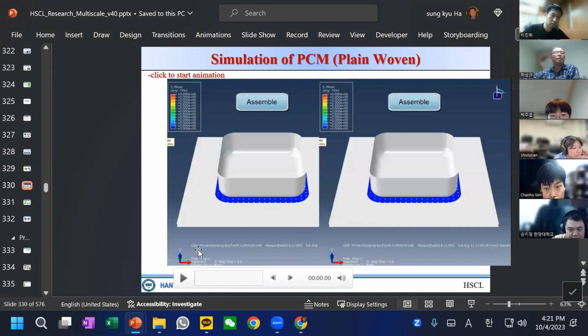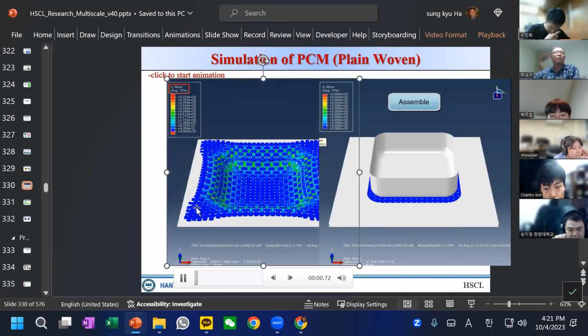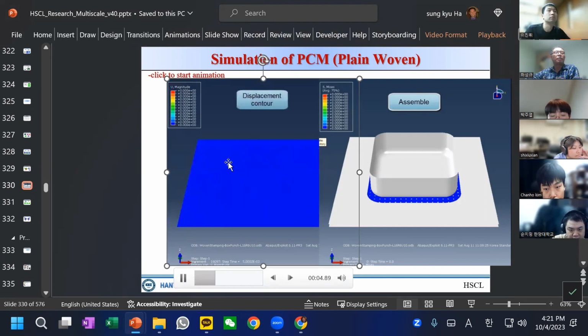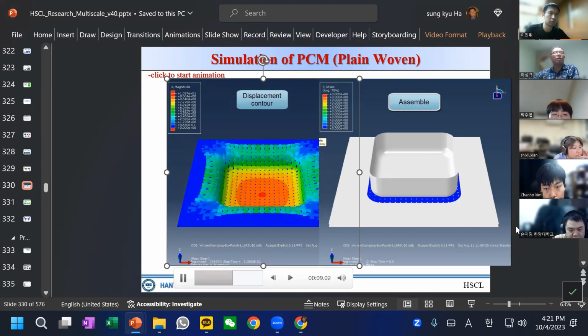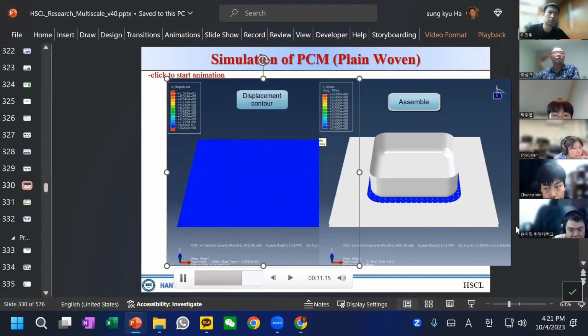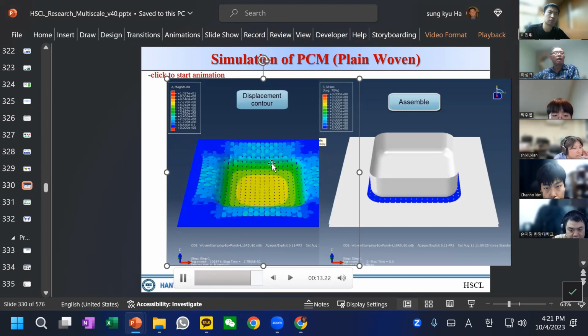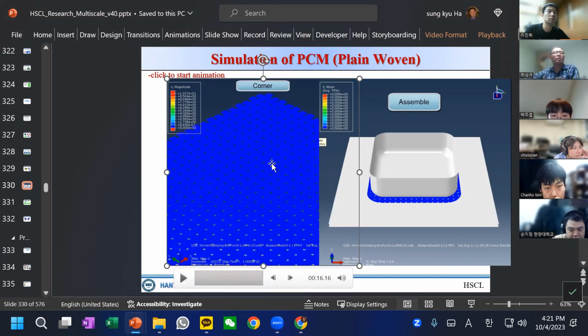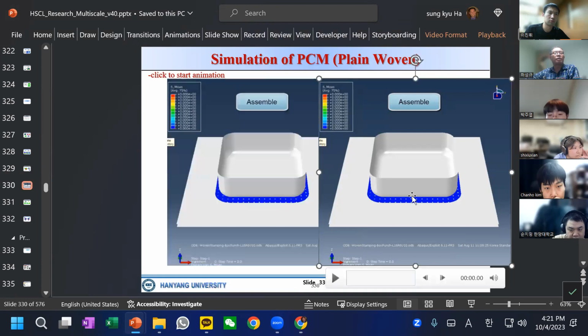I mean, detailed shape and some angle rotation can be simulated or can be measured through manufacturing procedures. But now you can imagine or visualize how this can happen.